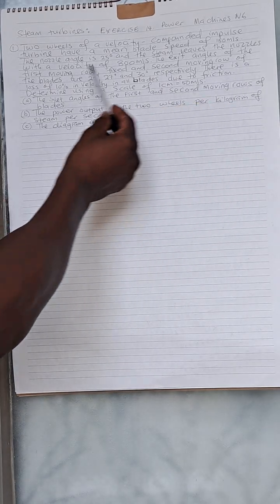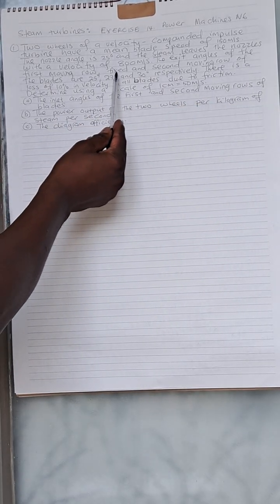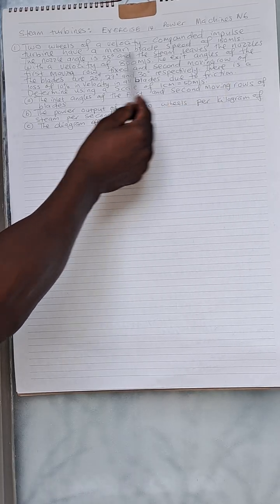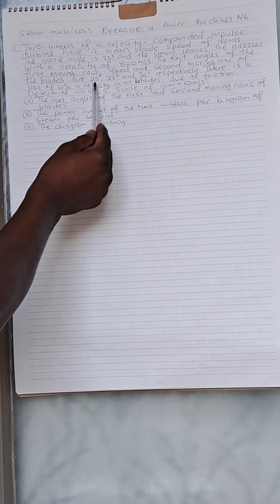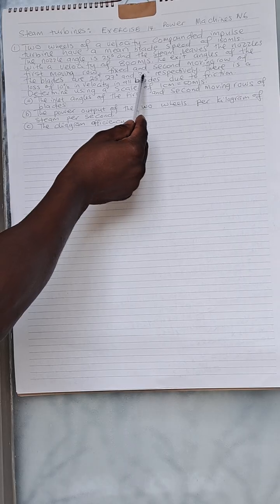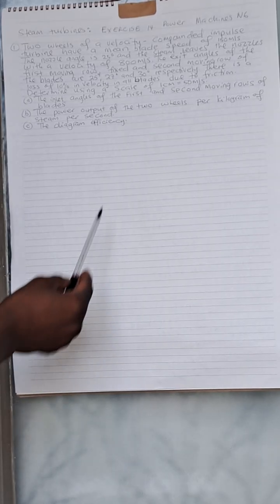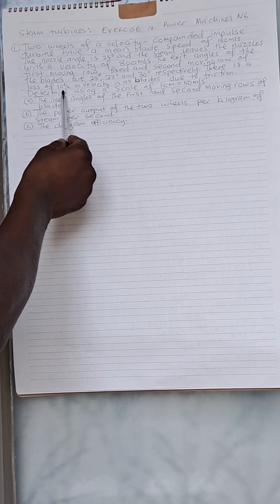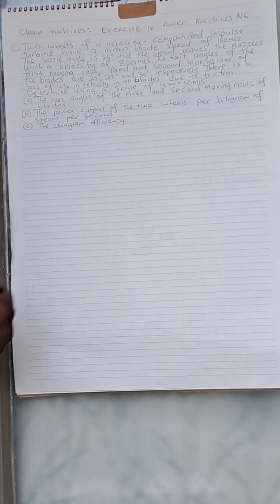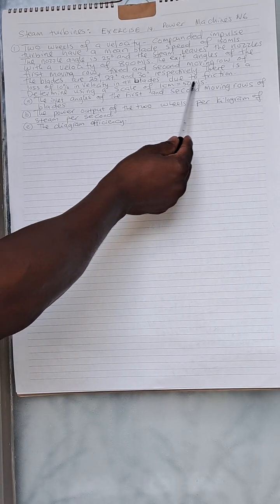The exit angles of the first moving row and second moving row of the blades are 25 degrees, 27, 30 degrees respectively. There is a loss of 10% in velocity in all blades due to friction.